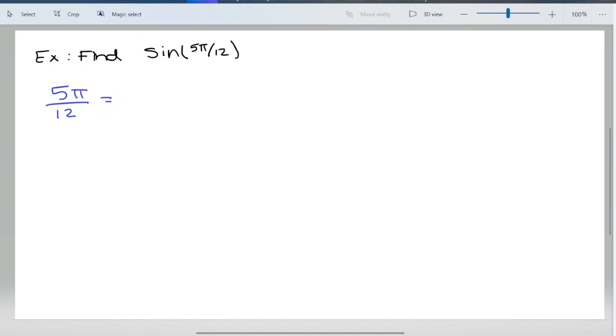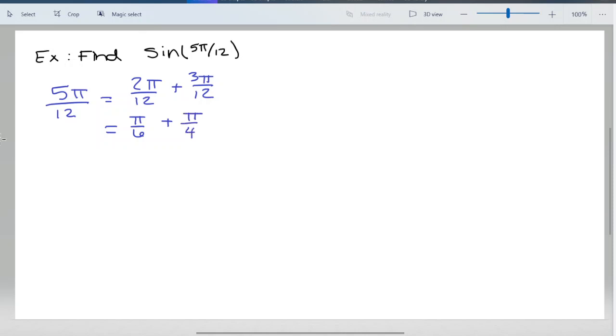So if we go with 2 pi over 12 plus 3 pi over 12, and then we look at what this reduces to, this is going to reduce to pi over 6 plus pi over 4, and those are both special angles.